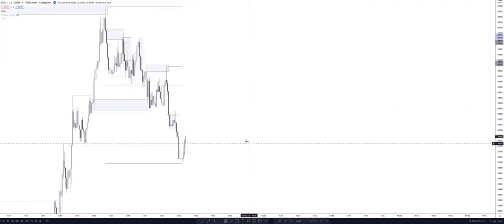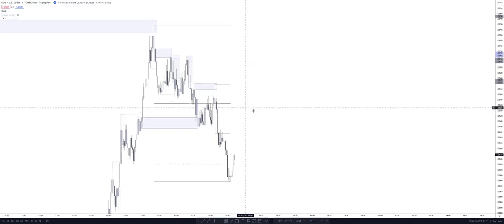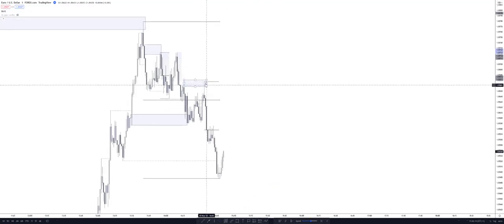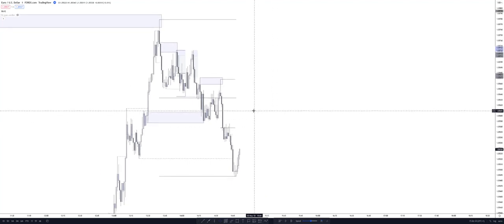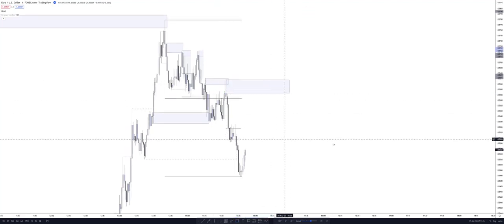Now if we look at that, we can see that both in this major 1 minute bearish leg, and this last substructural leg, they have two zones in common, which is this zone right here.